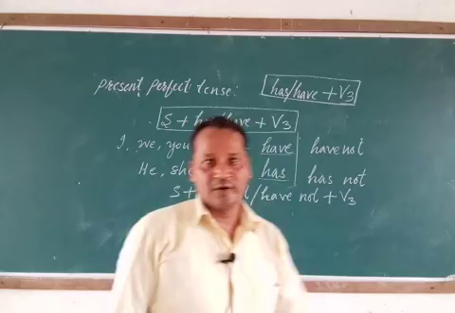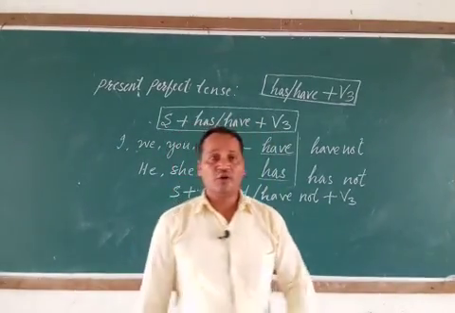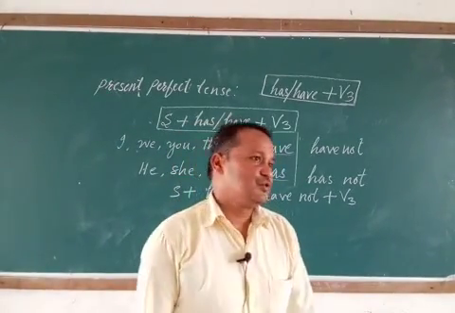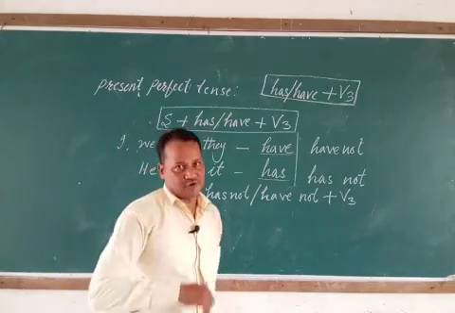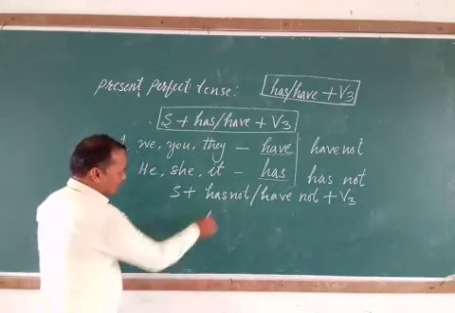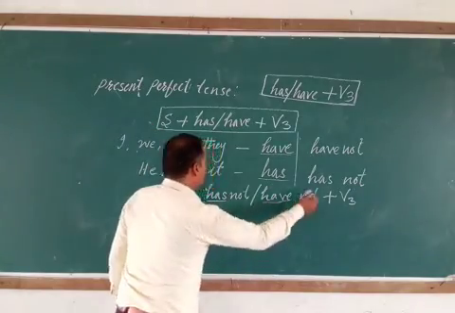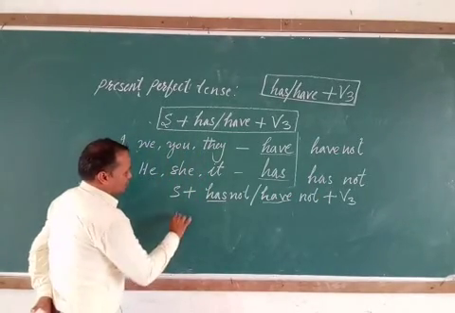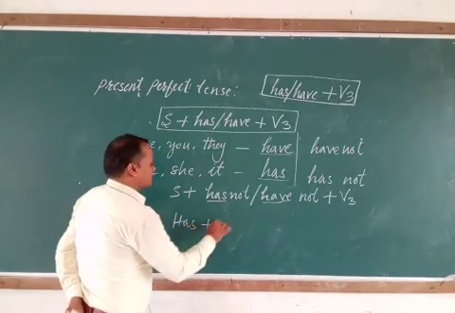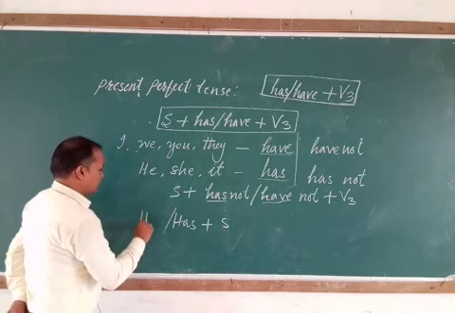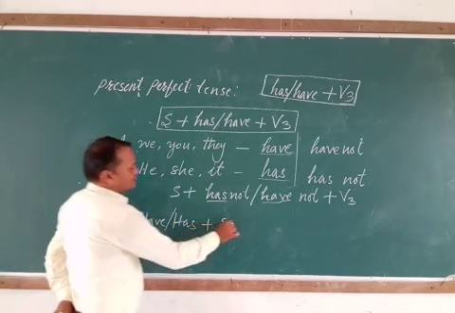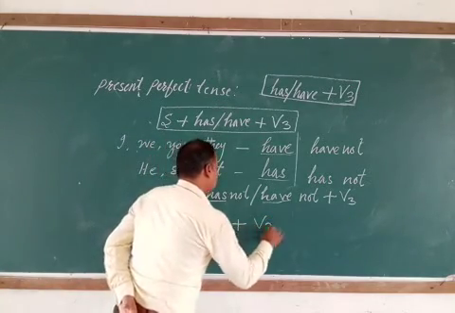And if you want to make questions, meaning an interrogative sentence, you have to use has or have before the subject to make it a question. Has or have plus subject plus third form of the verb.